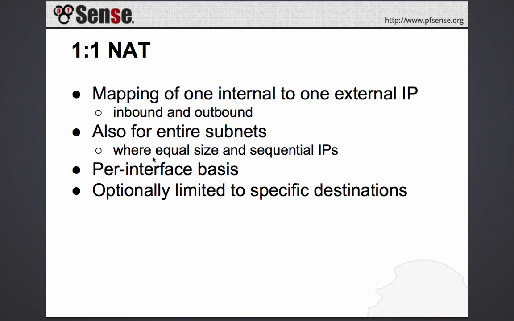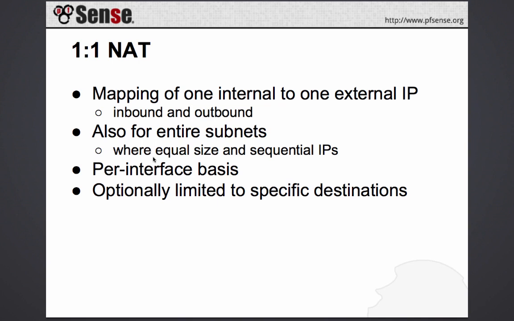It can be used for entire subnets as well, but they have to be equal size and sequential on the inside and the outside. So for internet purposes, usually one-to-one NAT on an entire subnet is not something that's practical because even if you do have a block externally, usually your internal IPs are not sequential. So usually it's do a single address.